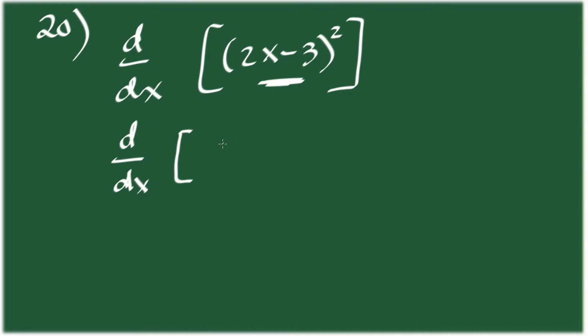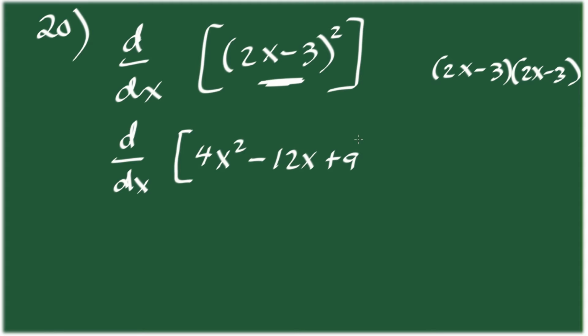And expanding that means multiply 2x minus 3 times 2x minus 3, which is 4x squared minus, okay, so you can FOIL out 2x minus 3 times 2x minus 3, and you're going to get negative 12x plus 9, okay?